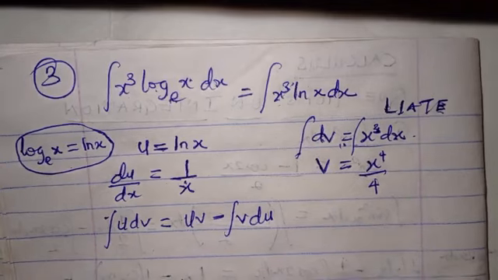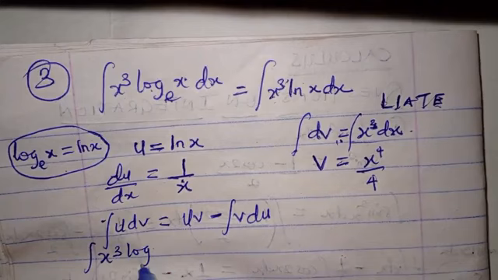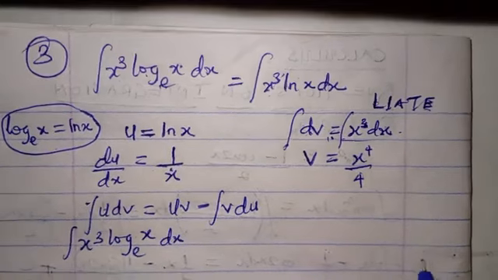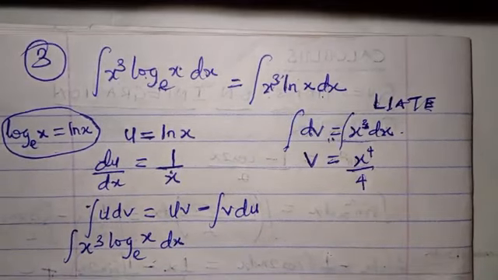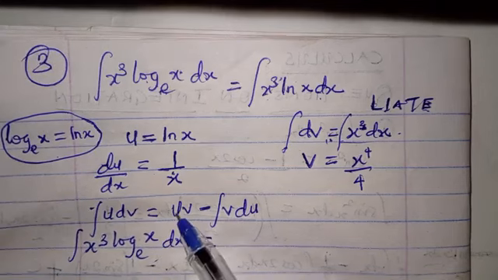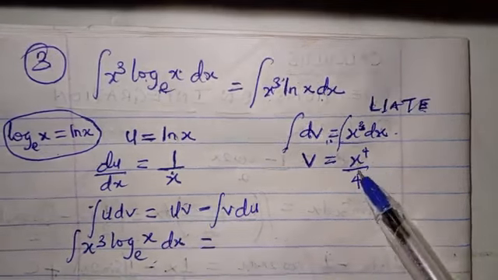What is the integral of x cubed log x to base e? Why am I writing log x to base e? It's the same thing anyways. I'm supposed to write this, but no problem. We are still on point. What is u? u is ln x. What is v? x to the fourth all over 4.